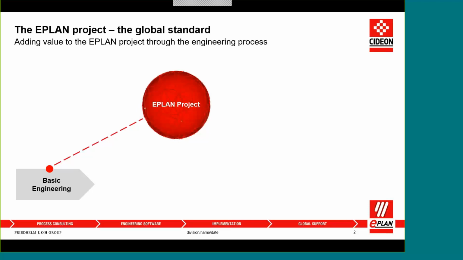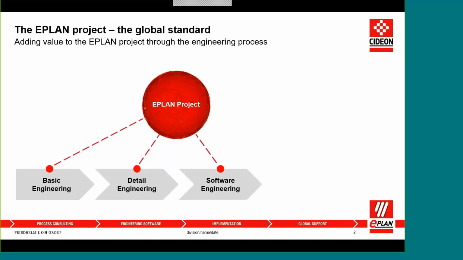Another aspect is to add detailed engineering, as well as maybe some software engineering, maybe some PLC information, and so on and so forth that might need to be provided inside the project environment, as well as production and commissioning information, so redlining information that also needs to be kept track of and maintained in the ePlan project environment.